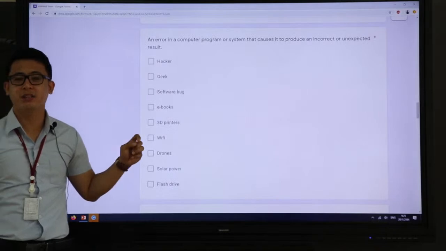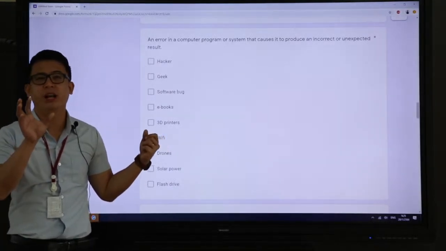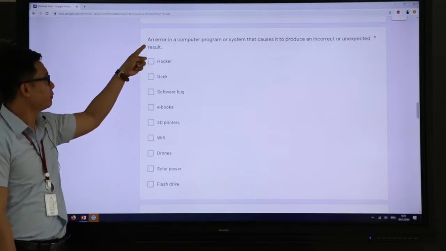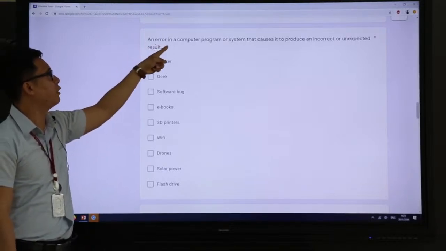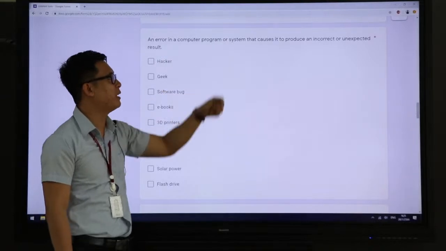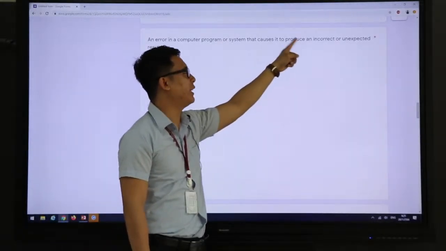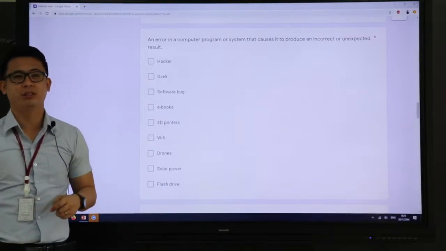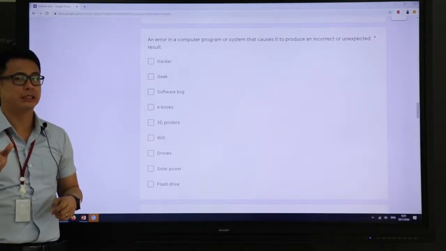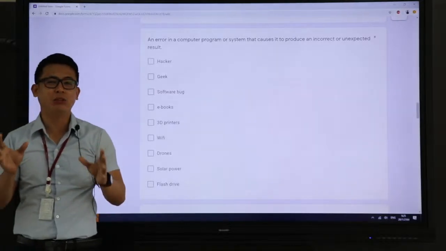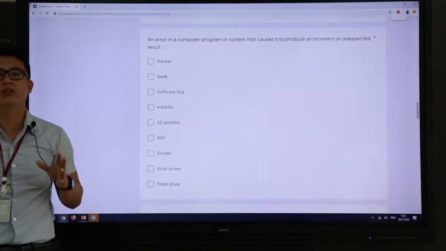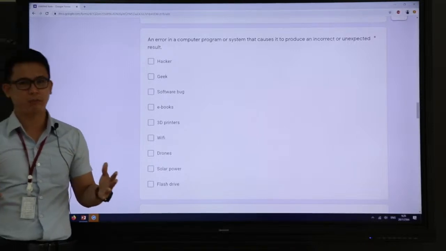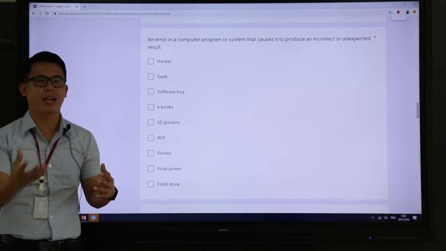It's a little bit confusing, and I want you to pay attention to this one. An error in a computer program or system that causes it to produce an incorrect or unexpected result. What do you call that? If you encounter an error, for example, you are expecting a very successful result, but the program keeps on giving you errors.